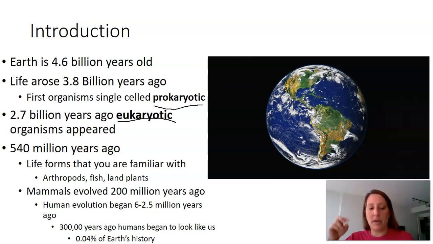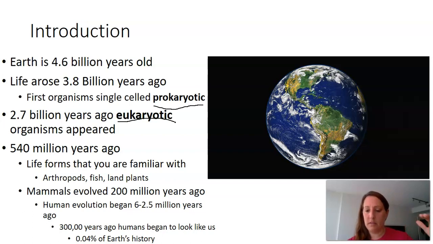We're going to learn all about these in chapter 4, but just to give you an idea, if you've heard of mitochondria or chloroplasts, or the Golgi apparatus, or the endoplasmic reticulum, vacuoles, vesicles, those are all organelles found in these eukaryotic cells.